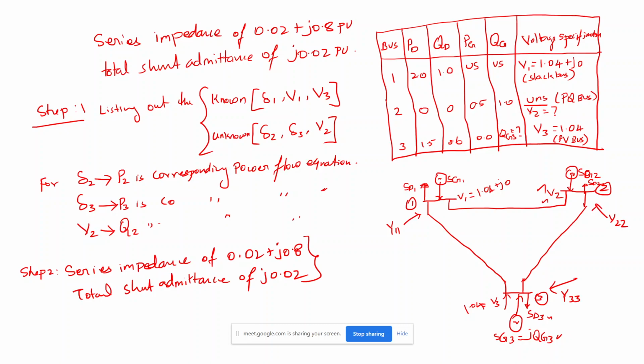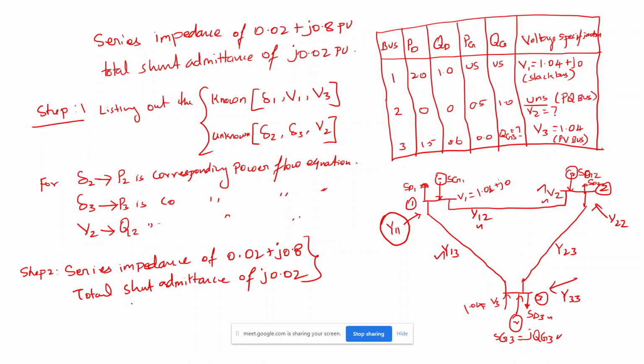For all the series admittances we need to find out, this is Y12, this is Y13, and this is Y23. So if you want to find out Y11, what do we need to add? Y13 and Y12. Exactly, very good. So we need to add this and this.